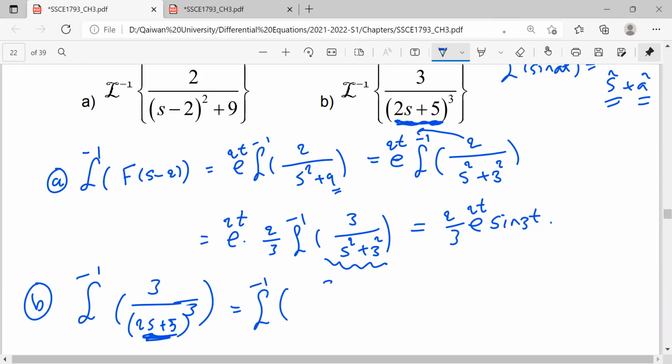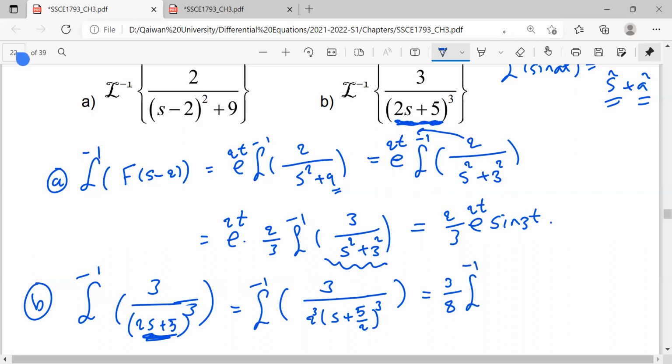We get the Laplace inverse of 3 over 2 cubed times s plus 5 over 2 cubed. We just took 2 as the common between these two. It's in the bracket, so we must give the exponent to it also. 2 cubed is 8. So you get 3 over 8.